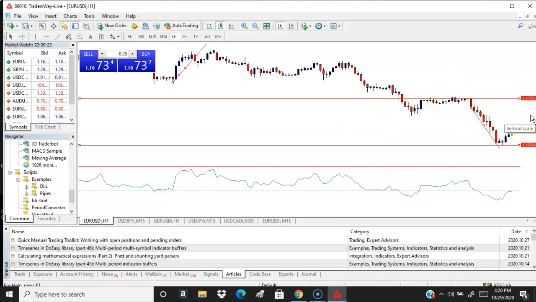Now these are interchangeable. What do I mean by interchangeable? Say this trend is broken through the support or through the resistance line. We're just going to talk about the support line first. Say this market breaks this support line.